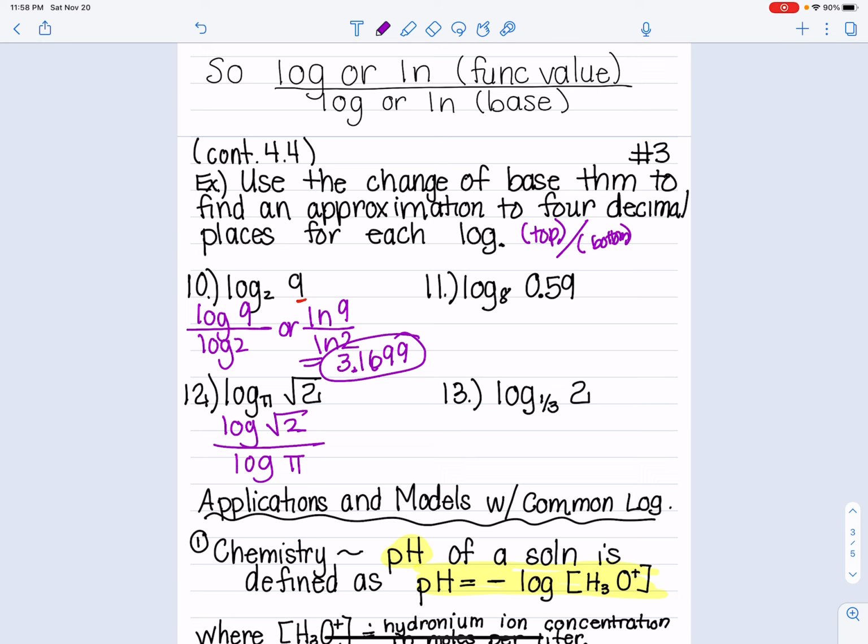So let's do a log, and then you got to hit second square to get square root. Then you got to put 2, and then make sure you put it in. You got to close. Whatever you put log of whatever, it has to close. Okay, so make sure you put parentheses around it. And then I'm about to type in the bottom, which is log of pi. So let me get pi.